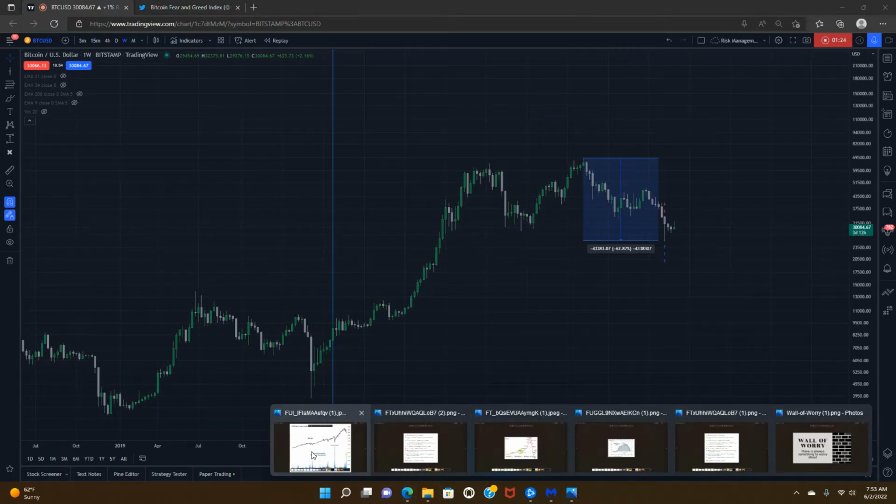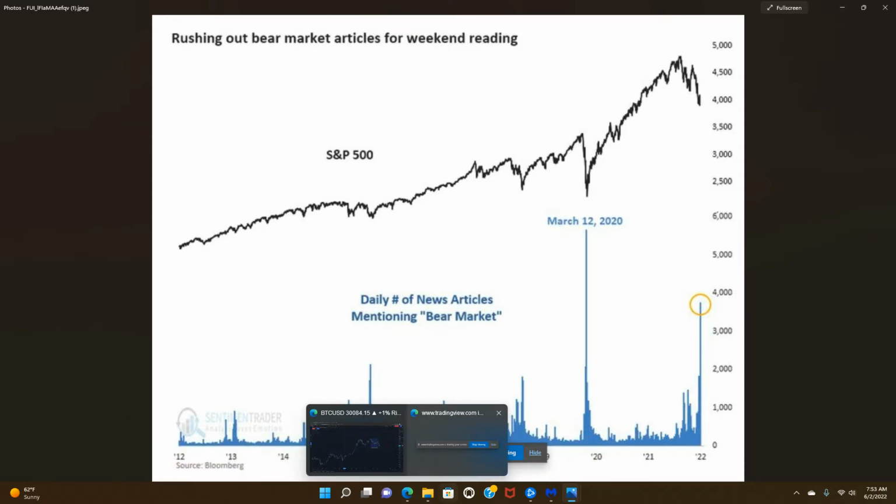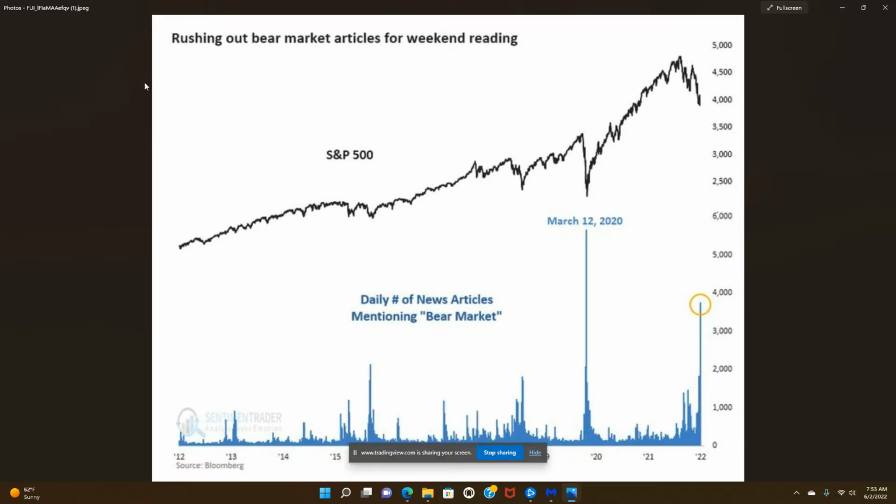So I want to draw your attention to this chart here. This is a graph somebody made of the number of news articles mentioning the words bear market, and you can see where these things peak. The media doesn't produce articles predicting bear markets in a way that is predictive of crashes. What it's doing is tapping into the fear that results from a crash.